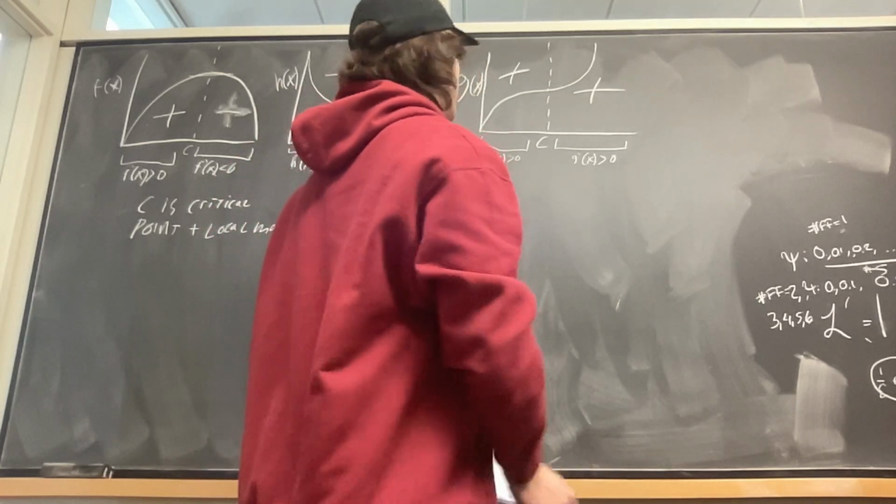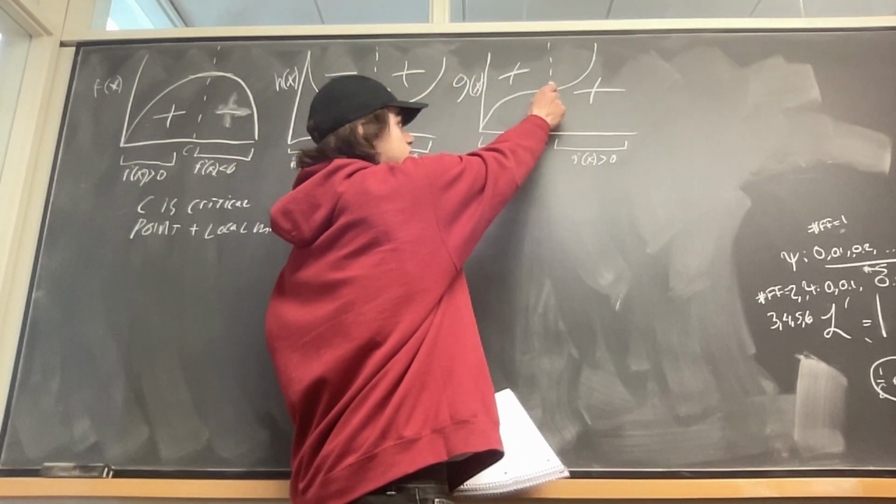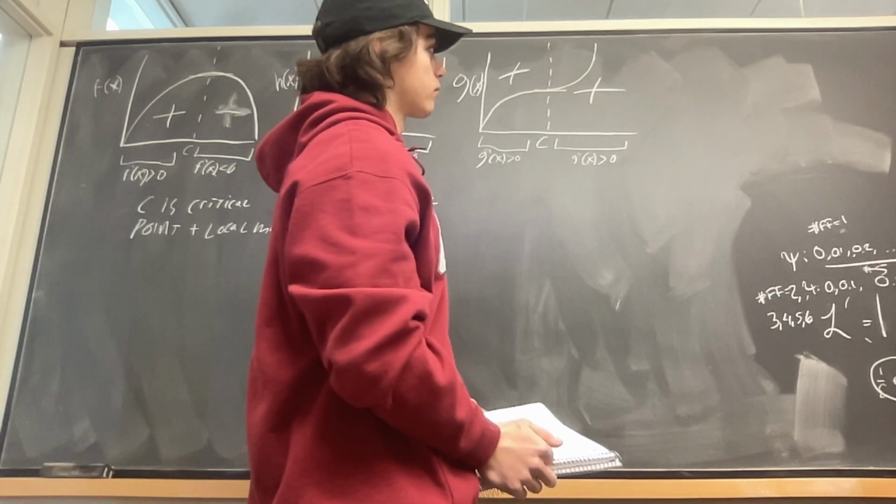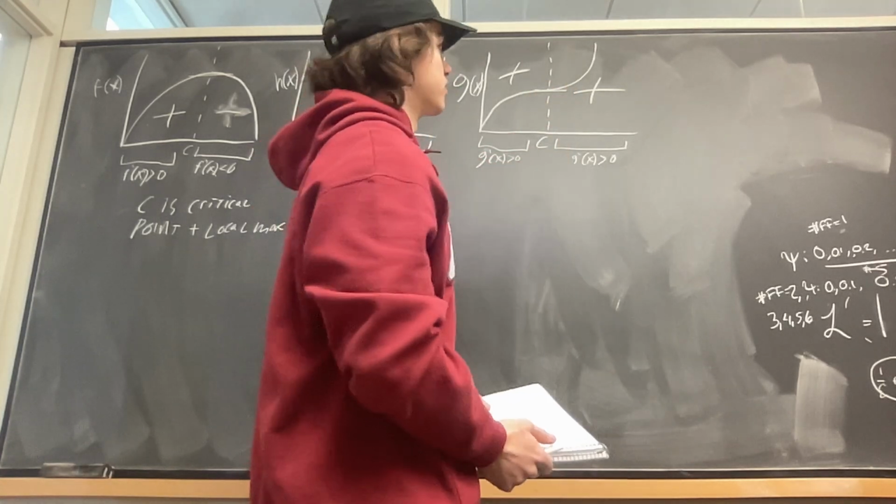Now, what does that mean? That means that this is still a critical point because at this point, g prime of x is zero.